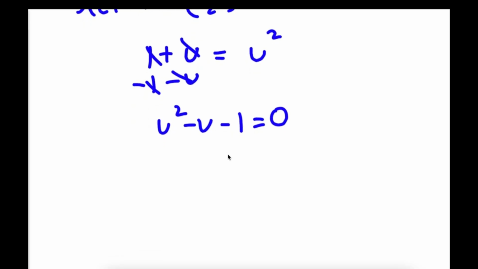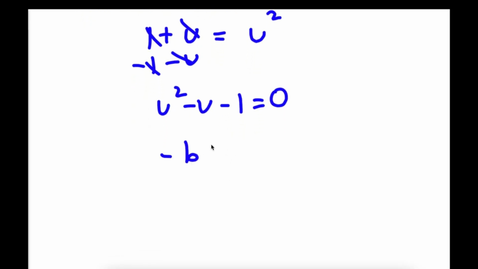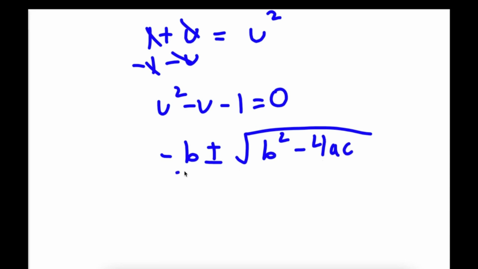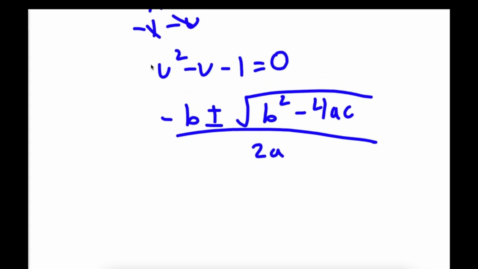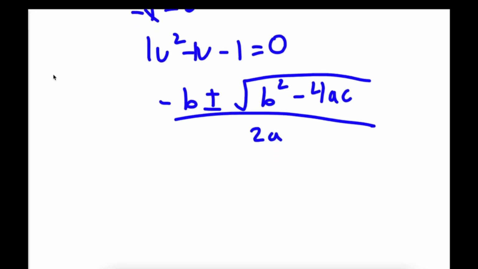Now I need to plug this into the quadratic formula, which is, if you didn't already know, negative b plus or minus the square root of b squared minus 4ac, all over 2a. In this case, the coefficient in front of u squared is 1, this is negative 1, and this is negative 1. So a is equal to 1, b is equal to negative 1, and c is equal to negative 1.